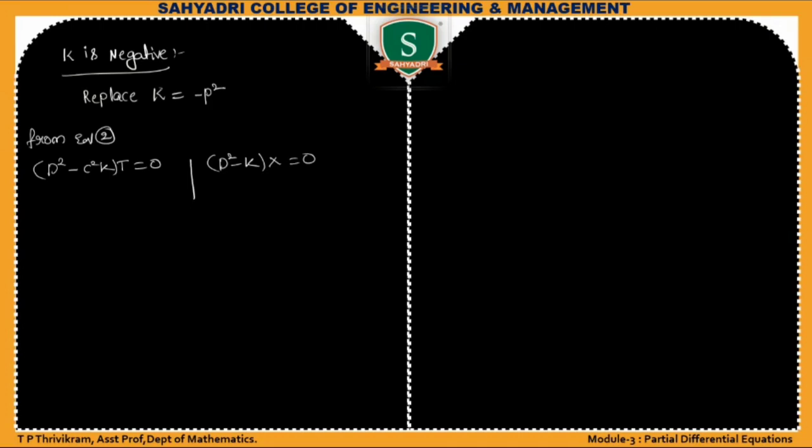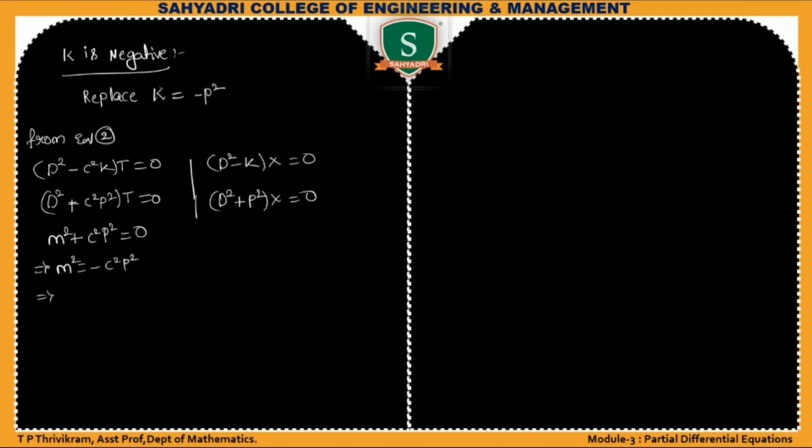Replacing k with minus p square, I'll get (D square plus c square p square) t equal to 0, and (D square plus p square) x equal to 0. So m square plus c square p square equal to 0 implies m square is equal to minus c square p square, implies m is equal to plus or minus i cp.